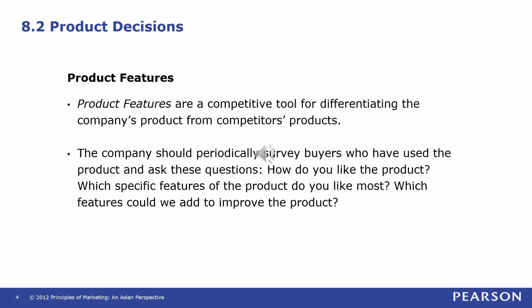As I mentioned in the slides before this, there are several characteristics to define the attributes of a product. For instance here, product features. Product features is one of the attributes that can be used to define a particular product. So here, the product features are a competitive tool for differentiating the company product from the competitor's product.